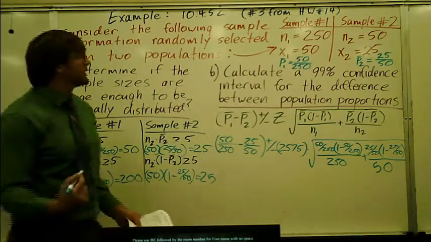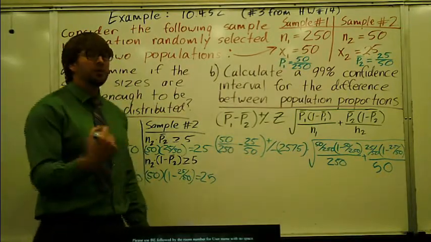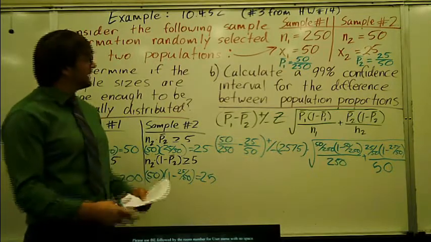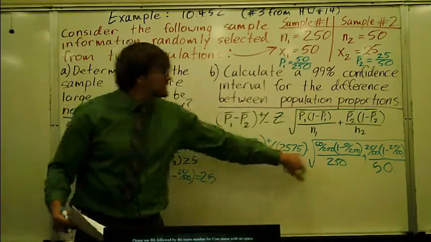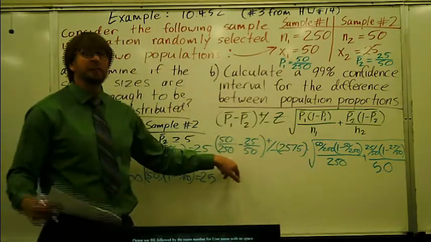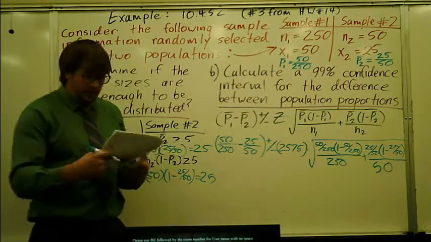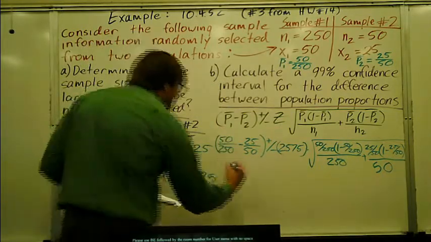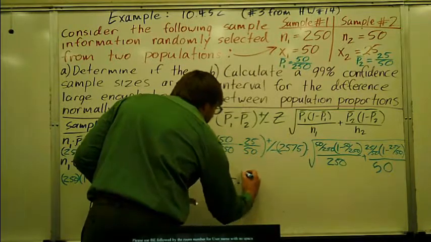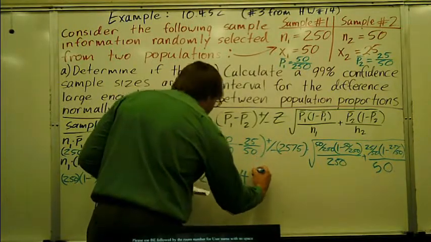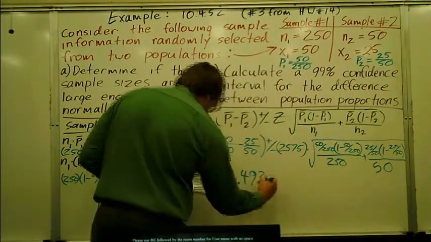Now, of course, when you're calculating a confidence interval, you have a lower and an upper bound. To calculate the lower bound, you subtract this quantity from your point estimate. For the upper bound, you just add it. For my lower bound, I came up with negative 0.493.